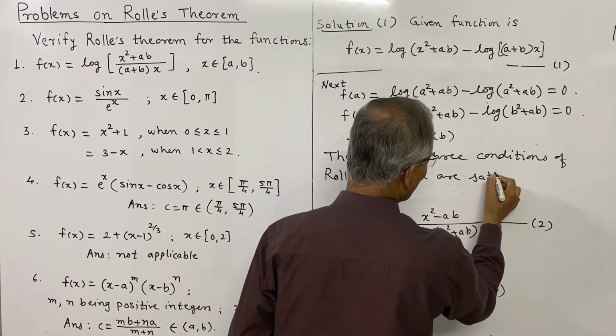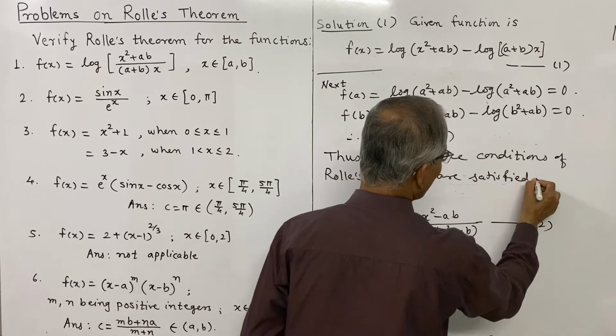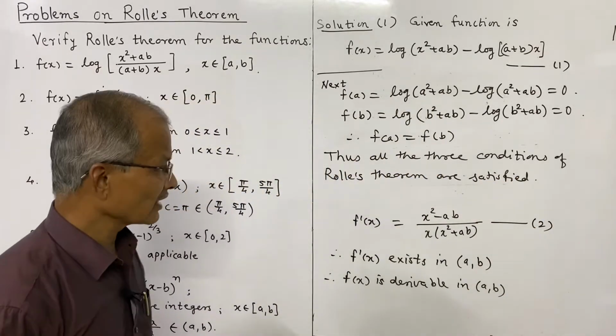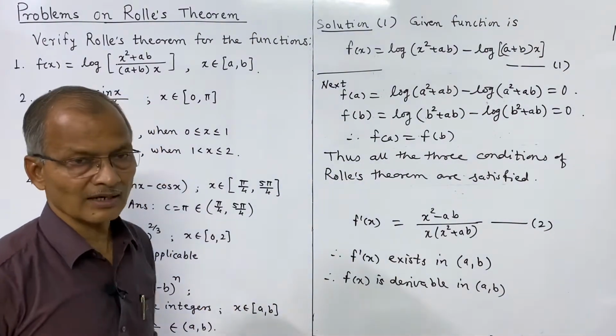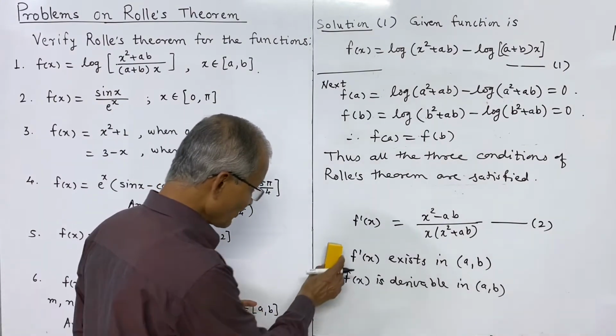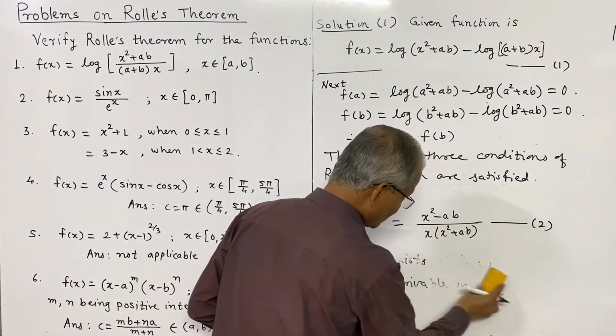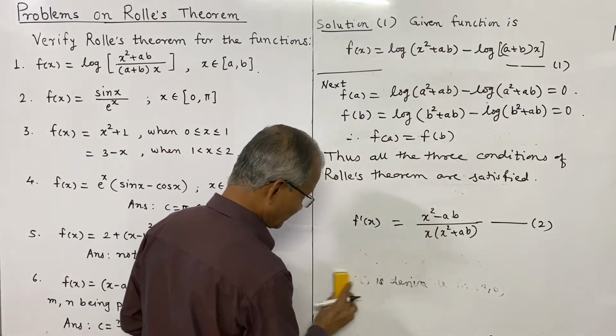And if these conditions are satisfied, then Rolle's theorem states there exists at least one value c in the open interval ab such that f dash c is 0. So that we have to verify, and therefore we have to find c.